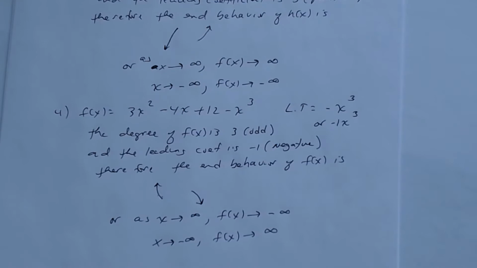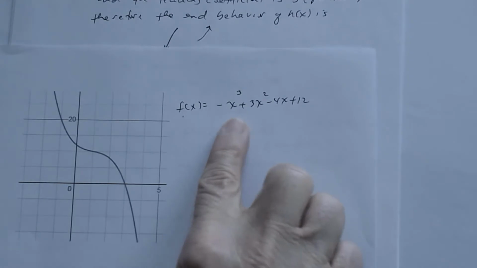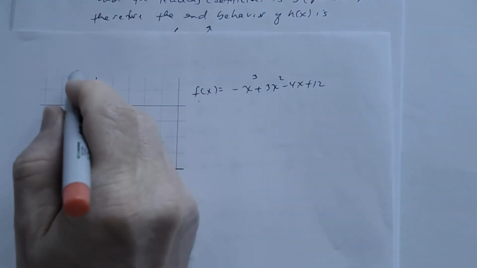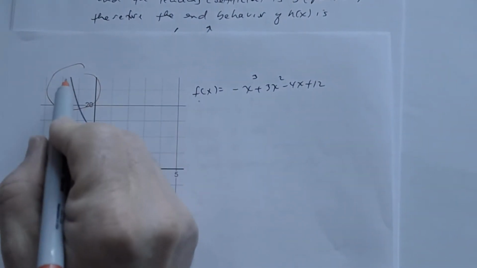All right, and I have a graph for this. Let's look at the graph of number 4. So you see what it looks like? On the left side, it's pointing up.